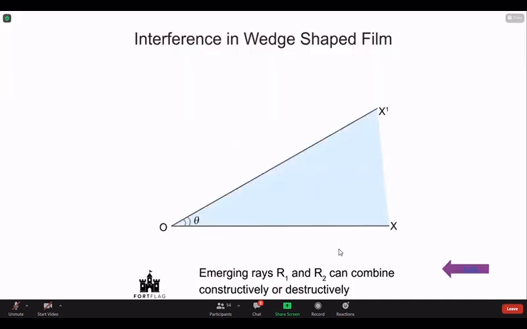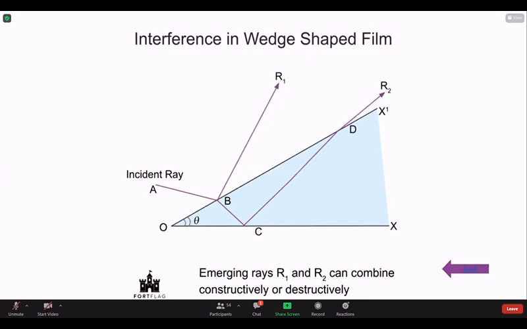Let us see this animation of interference due to a wedge-shaped film. Whenever two surfaces, two glass plates for example, make an angle theta, let us see how the light will be scattered from it. Here the incident ray AB strikes at point B and the light is reflected back as R1.